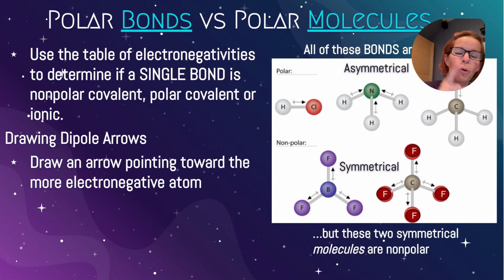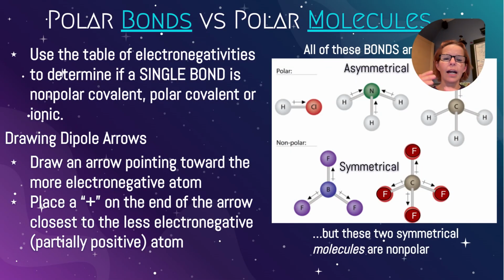You point toward the bully. You point toward the more electronegative atom. And then you put a plus sign on the end of the arrow nearest the weaker or the slightly positive atom. So that's an example of a polar bond right there, just between hydrogen and chlorine.